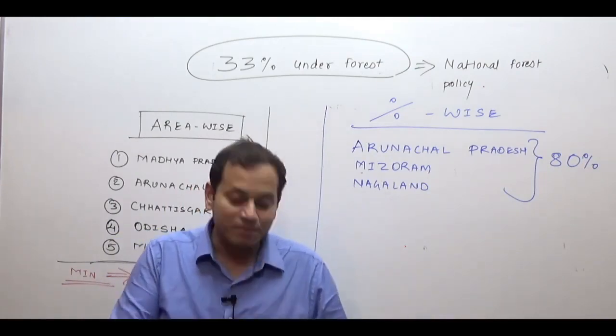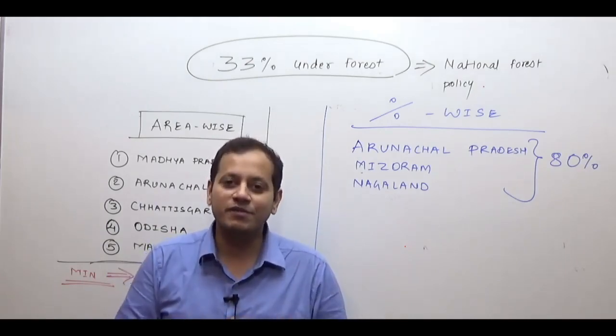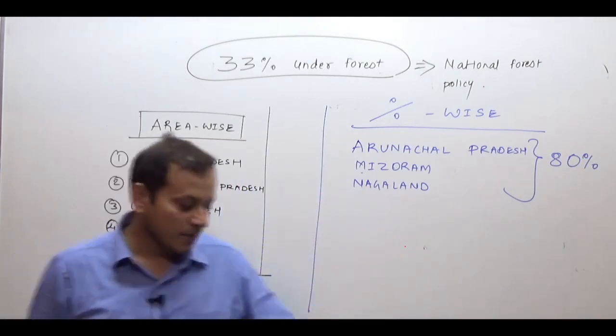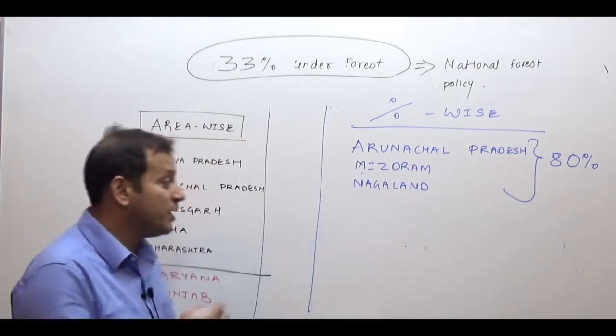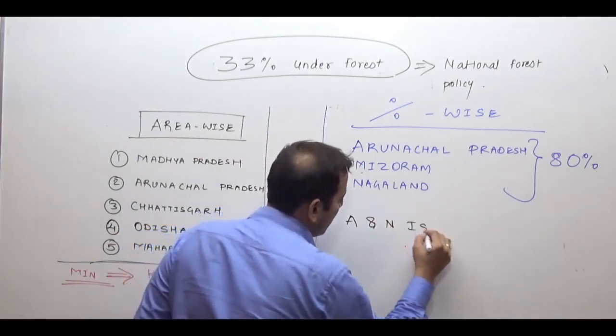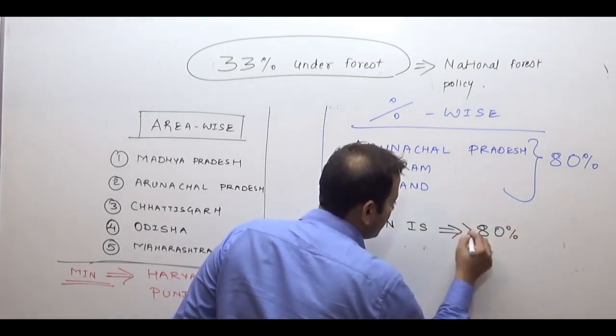So how to remember this? If you want clean, pollution-free air, then it is the three states of Arunachal, Mizo and Nagaland. On the other hand, the Union Territory of Andaman and Nicobar Islands also has more than 80% of area under forest.